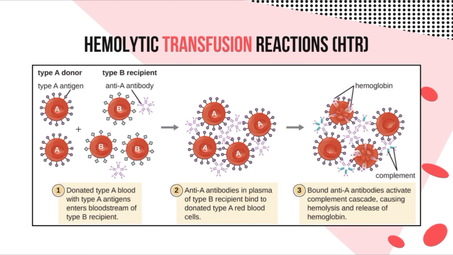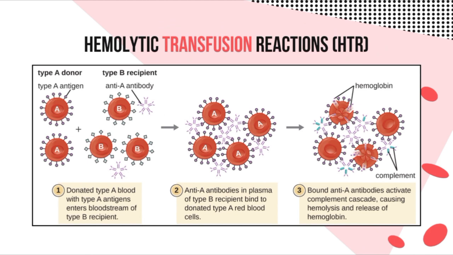Since the anti-A antibodies recognize the type A red blood cells that enter the bloodstream as harmful, they attack these cells by binding to them. Bound anti-A antibodies activate the complement cascade, causing hemolysis and release of hemoglobin.